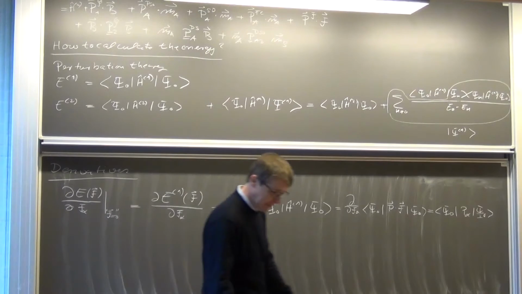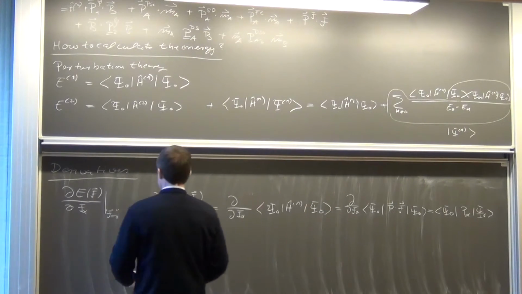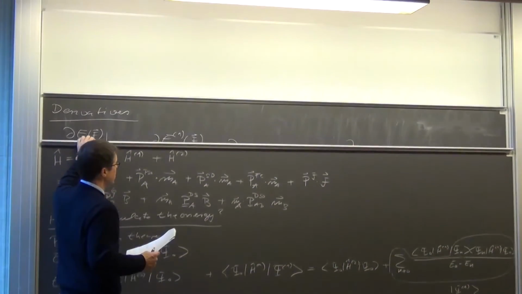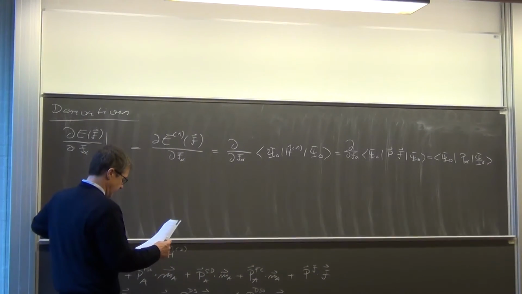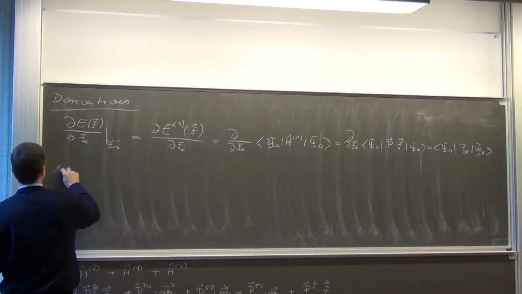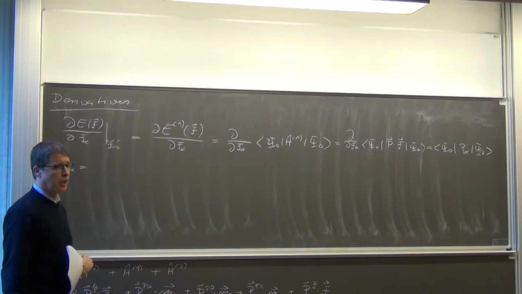Now let's take an example for that, and that, as I said, is the electric dipole moment. Let's take again the alpha component of an electric dipole moment of a molecule.